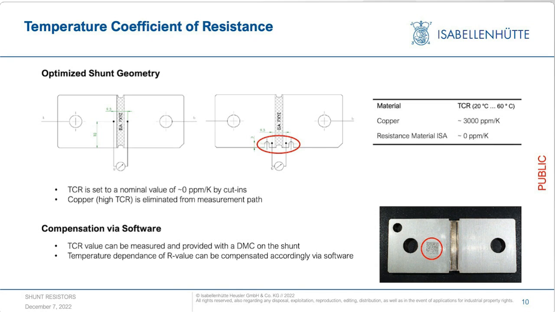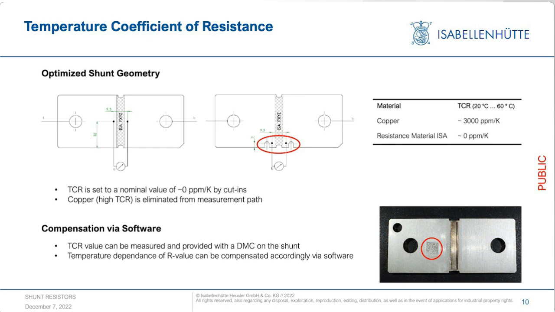And as a consequence, electrically speaking, the potential of these areas is exactly the same as the left and the right border of the resistance material.